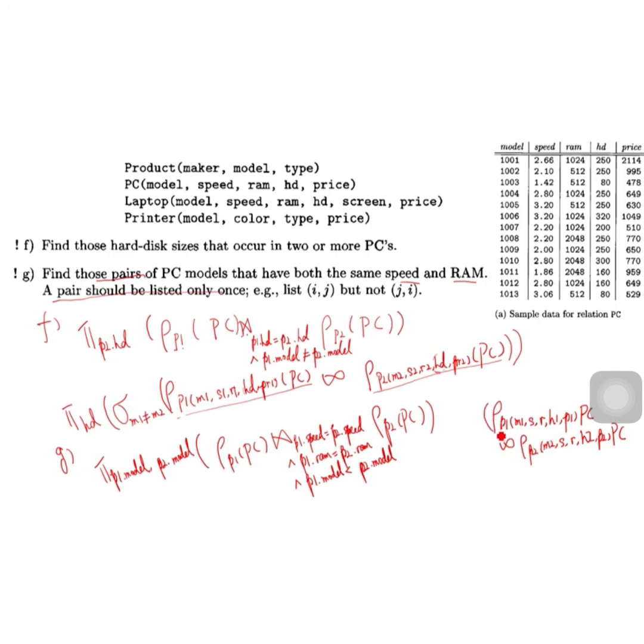And then there is another condition. The condition is M1 less than M2, or you can write M1 larger than M2, but don't write M1 isn't M2.